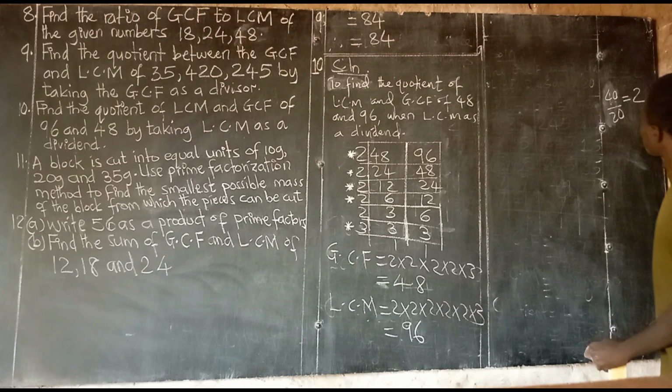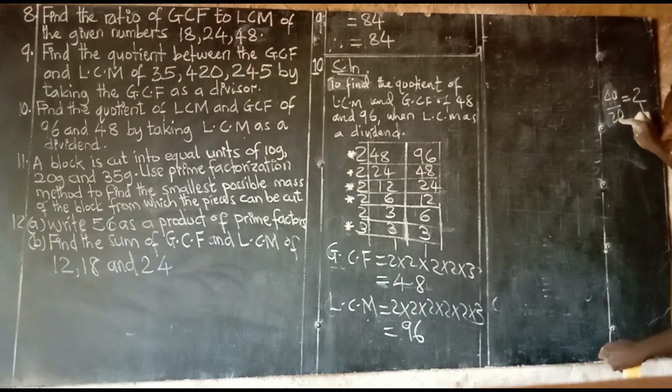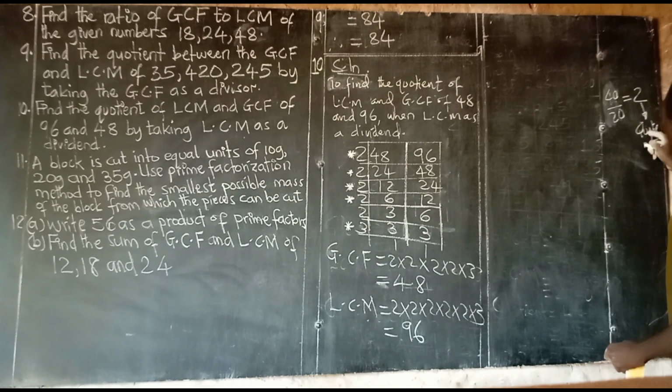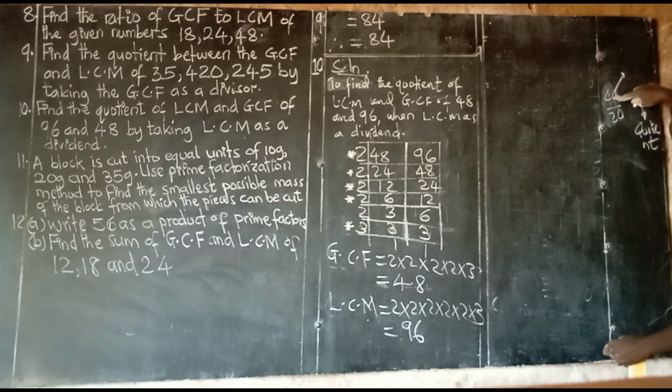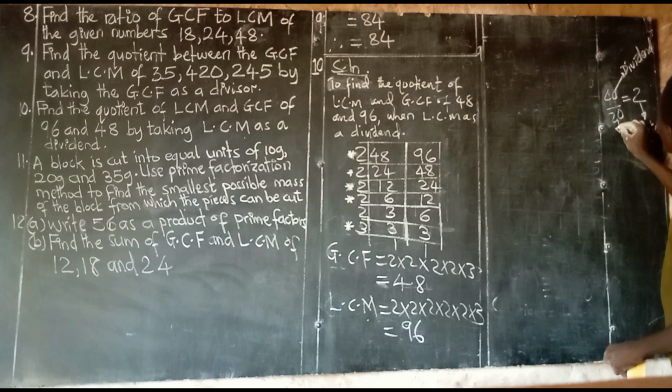Which means that this 2, the answer obtained after division, is known as a quotient, as I've told you before. The number to be divided is known as a dividend, while the number that divides a dividend is known as a divisor.